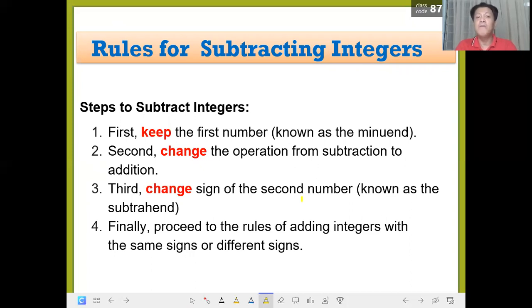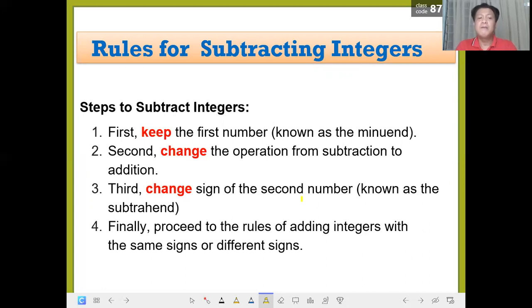Babaguhin lang natin yung operation, yung subtraction, magiging addition na siya. Third, change the sign of the number or yung tinatawag nating subtrahend. Babaguhin natin siya ng sign. Kung ang given ay positive, pag change mo, magiging negative. Or kung ang given ay negative, magiging positive na siya.